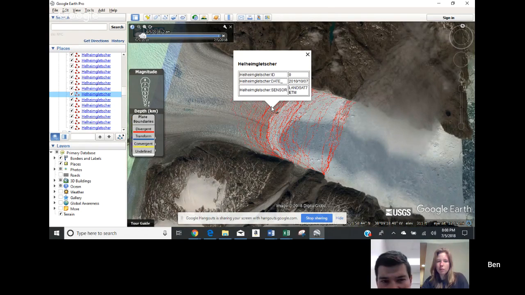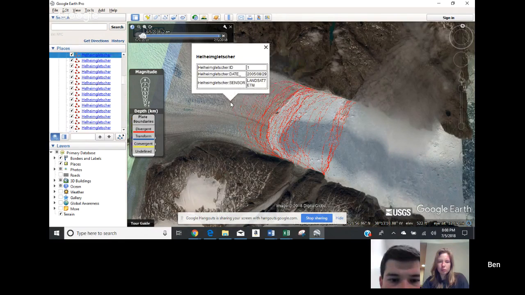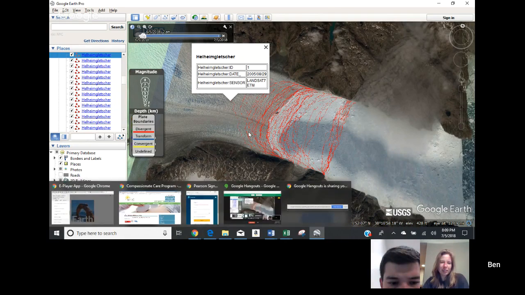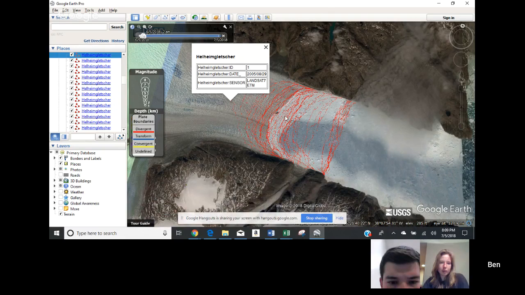But you can see, on the right-hand side was 2001. So it did recede all the way back to 2005, but then it did gain. Got to figure out the other word. I know there's a better word for that, but it did gain.